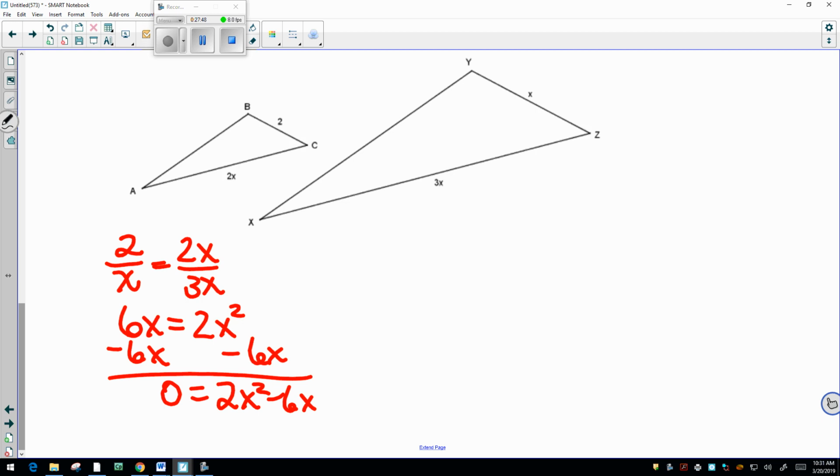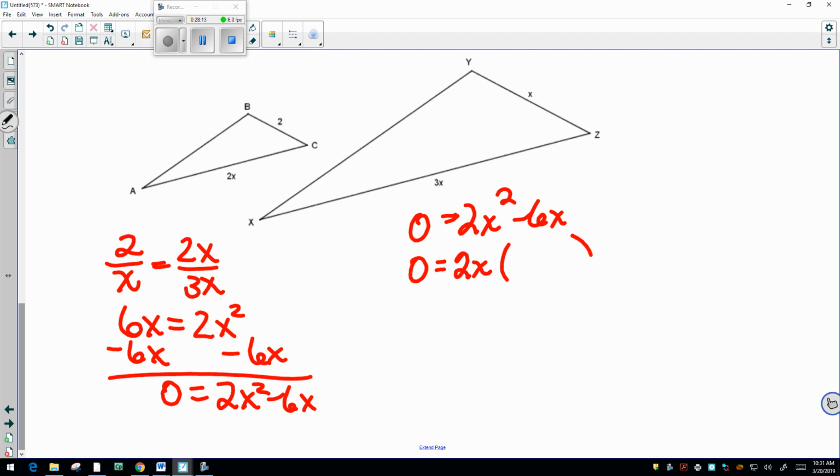So we have this formula here. 2x squared minus 6x. What do they have in common? An x? Anything else? A number. What's that number? 2. So I'm going to factor out the 2 and the x.